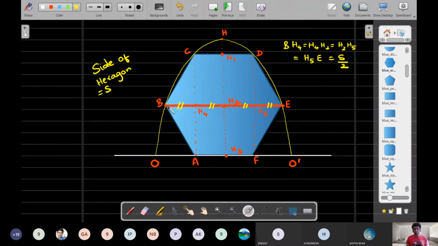You already know that horizontal components of the motion are uniform velocity motion, so equal displacements in horizontal directions are always covered in equal intervals of time. Which means the time taken from B to C should be equal to C to H, equal to H to D, and equal to D to E. So let me mark those individual times for BC, CH, HD, and DE as a variable t.